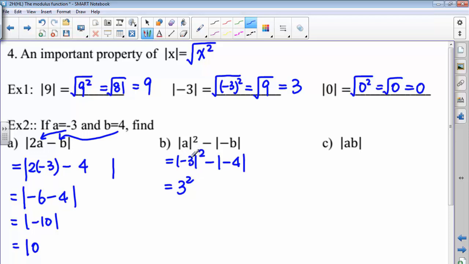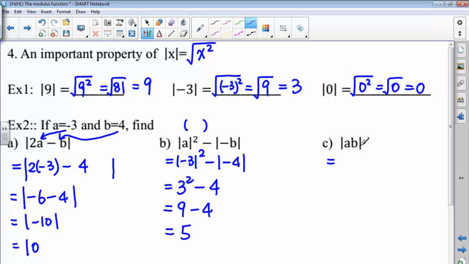You will see the modulus symbol has the same priority as a pair of brackets. If I have the modulus symbol, I always simplify the modulus part first. Then I do exponents. The absolute value of negative 4 is 4. So 3 squared minus 4 is 9 minus 4, which is 5.